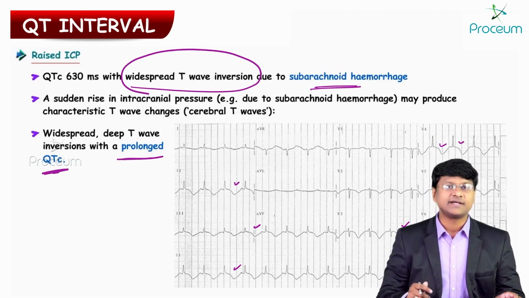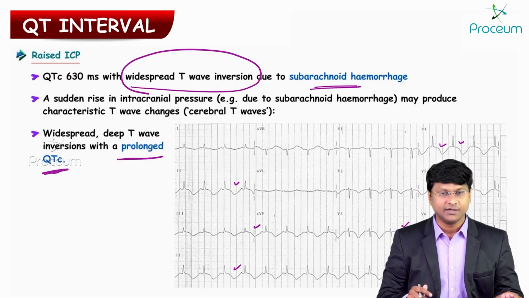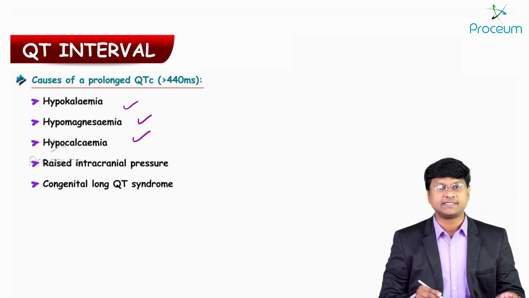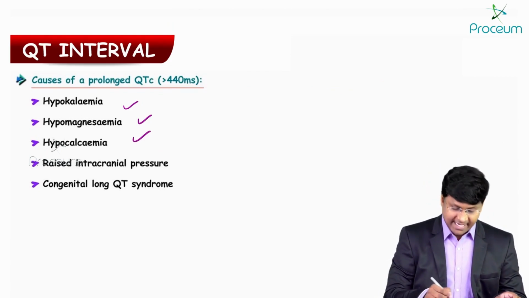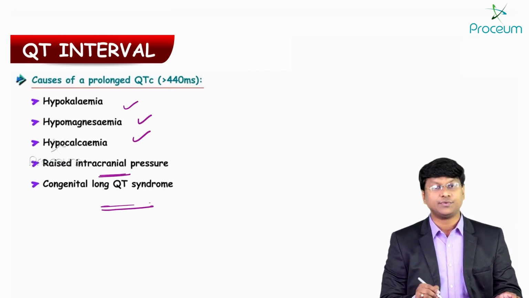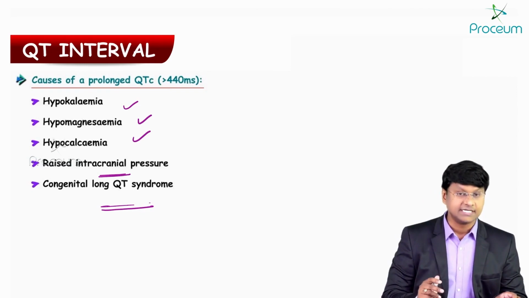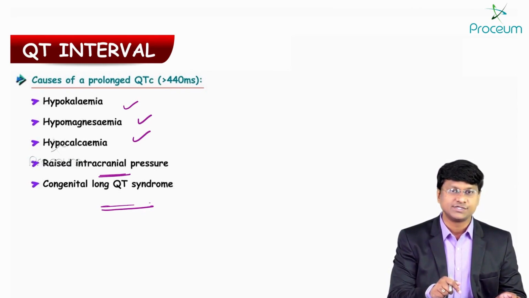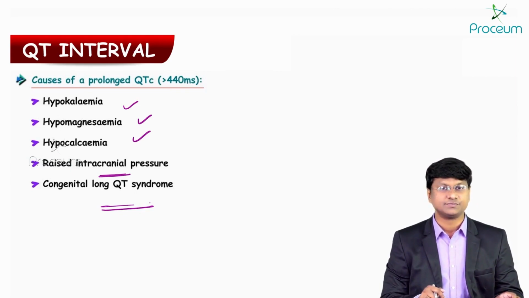To summarize the causes of prolonged QT interval until now: electrolyte abnormalities like hypokalemia, hypomagnesemia and hypocalcemia, then raised intracranial pressure, and congenital long QT syndromes, the conditions of Jervell and Lange-Nielsen syndrome as well as Romano-Ward syndrome.